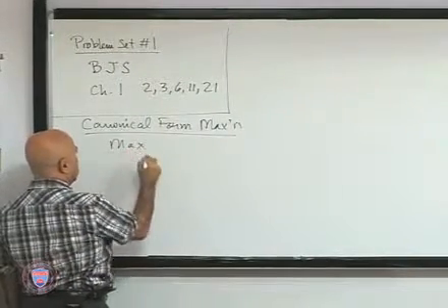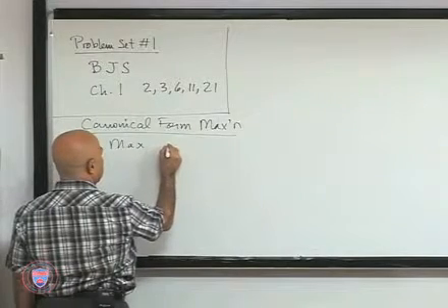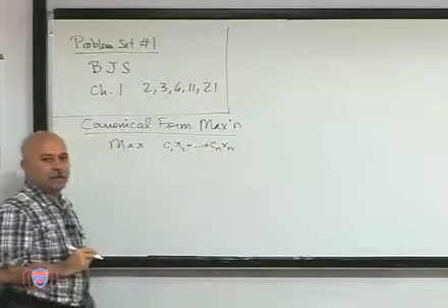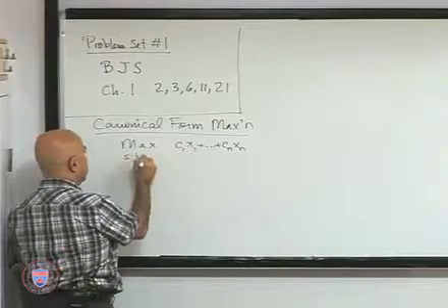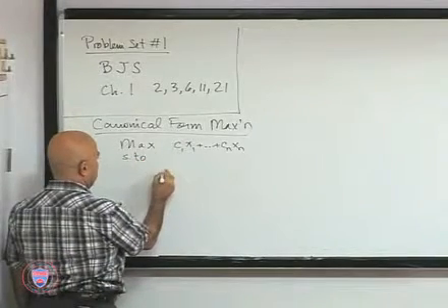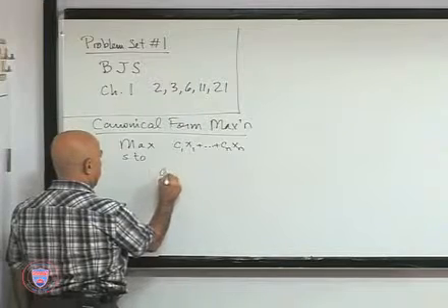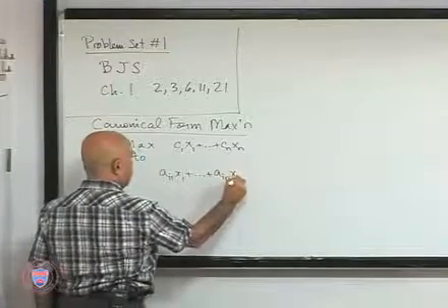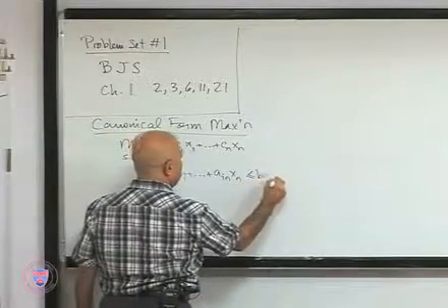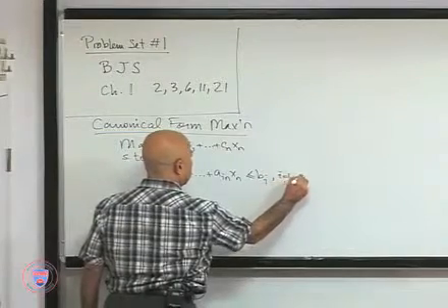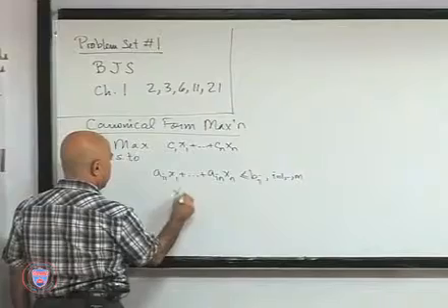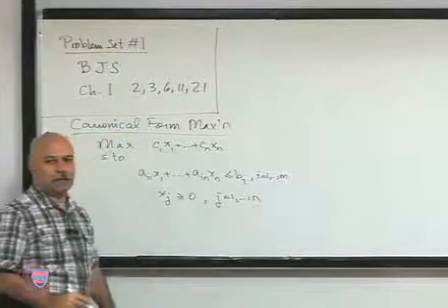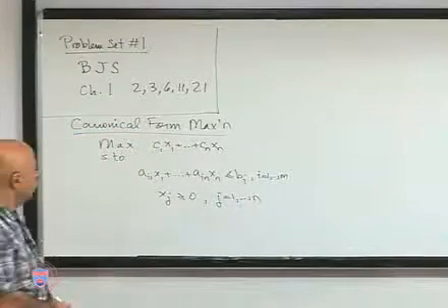It was the maximization of an objective function, c1x1 plus up to cnxn, subject to the conditions that say that we have ai1 x1 plus up to ain xn less or equal bi. This is for i going from 1 to m. And then all the variables are non-negative. This was the canonical form maximization problem, which you already have in your notes.